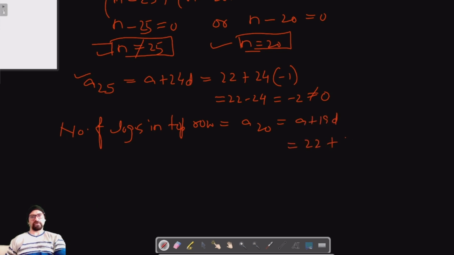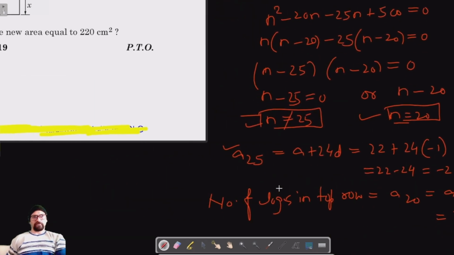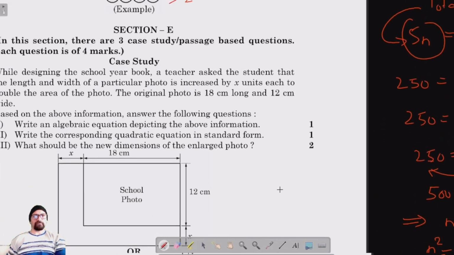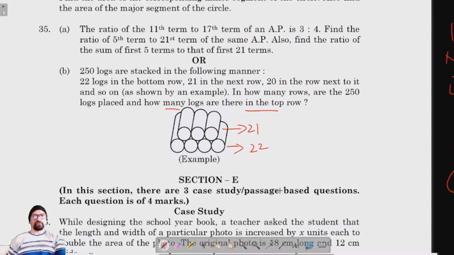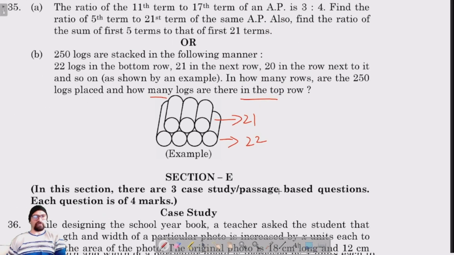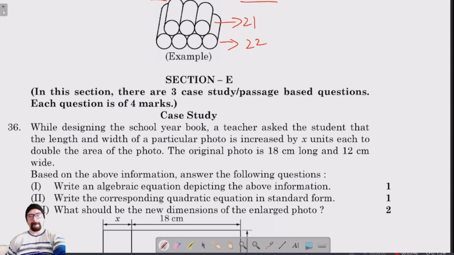This is 22 plus 19 into negative 1, which is 22 minus 19, which is equal to 3. This is also our part B of question number 35. Let's move on to section E.